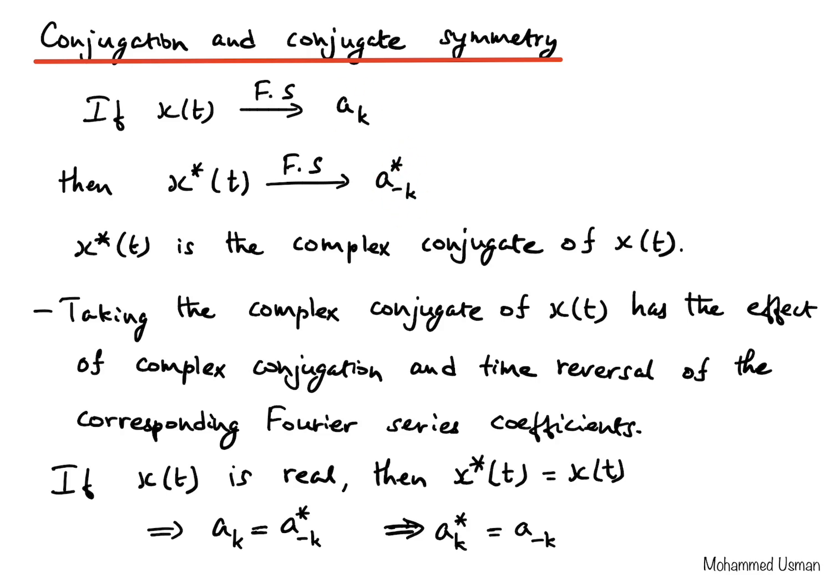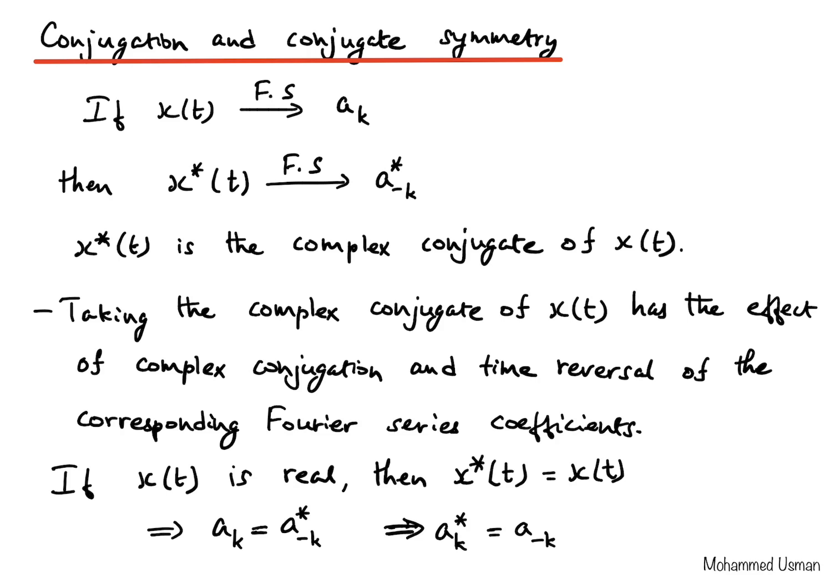So there is a conjugate effect here on the Fourier series coefficients. ak becomes ak star, and also the k gets the minus sign, so there is a time reversal of the Fourier series coefficients as well. That's a property of the Fourier series, wherein taking the complex conjugate of x of t produces the effect of making the Fourier series coefficients also the complex conjugate of the original coefficients and also reversed in time.